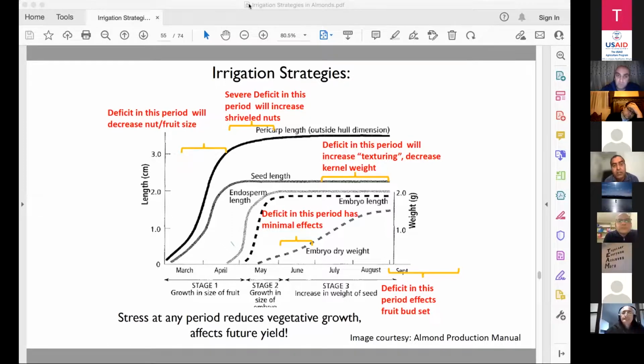It's really minimal. The point is that the trees are not taking up enough water, one, because they don't have leaves, and number two, because the soil temperature is very low, so the root activity is very low. So the bottom line is that you just need to keep enough moisture in the soil, which we in California usually check with the auger, because at that time it's not critical to use tools to monitor stem water potential or anything, okay?